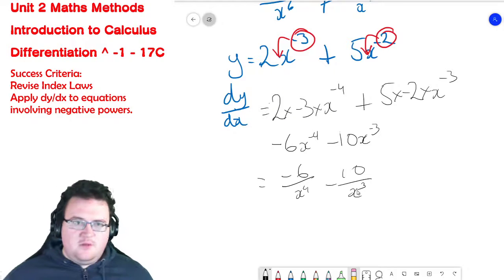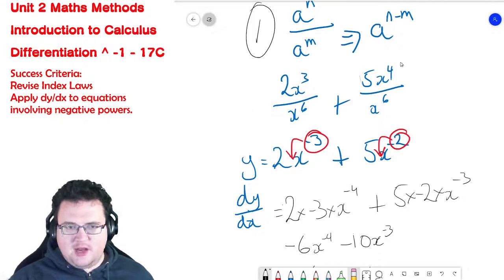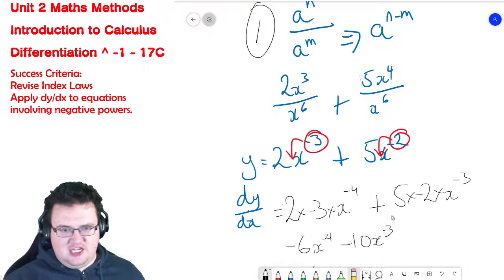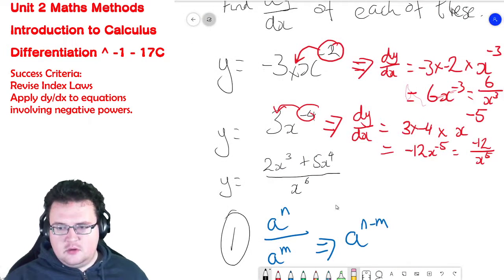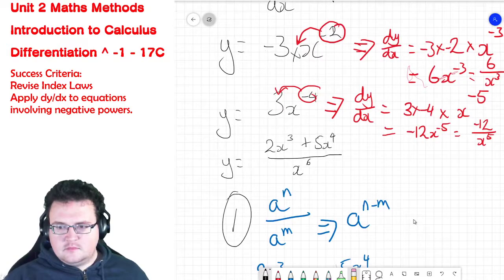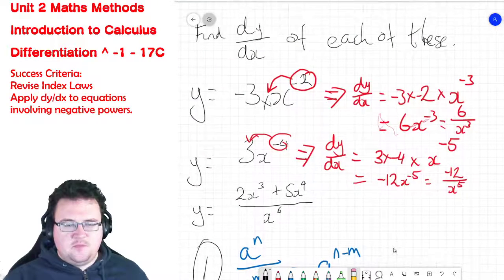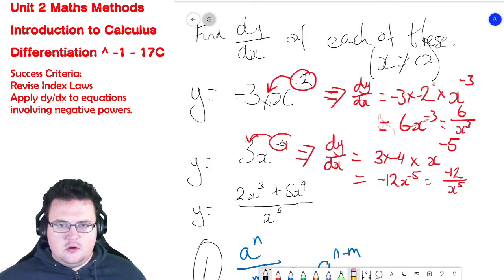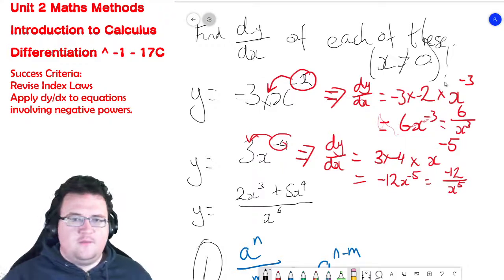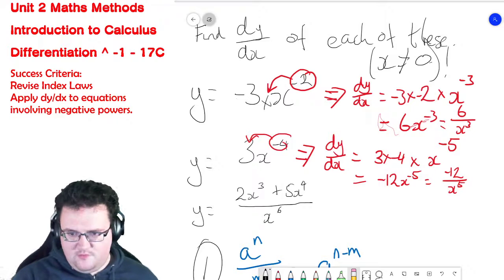Not a positive value. Remember that if I were to put x equals 1 in here or x equals 2 in here, I'm going to get an answer. But if I put x equals 0 into here, in fact, into any of these, what's going to happen? Yeah, oh, okay. So for all of these, I haven't explicitly written it out, but remember for each of these, x cannot be 0. All right, x cannot be 0. It can be negative, it can be positive, but it can't be 0.